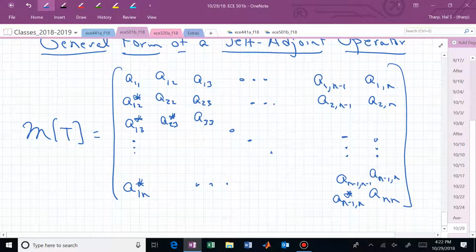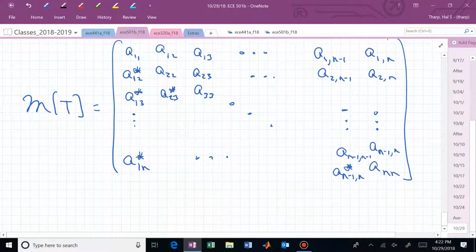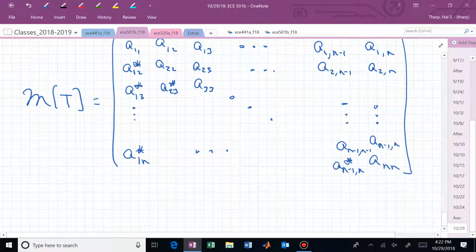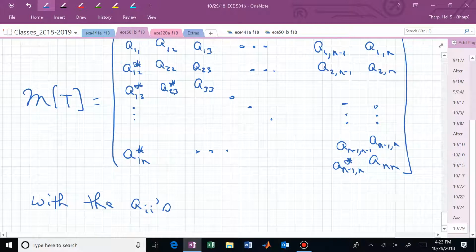Is that enough entries? And I already said it, but let me make it clear from the writing with the diagonal entries, the A sub ii's need to be real.